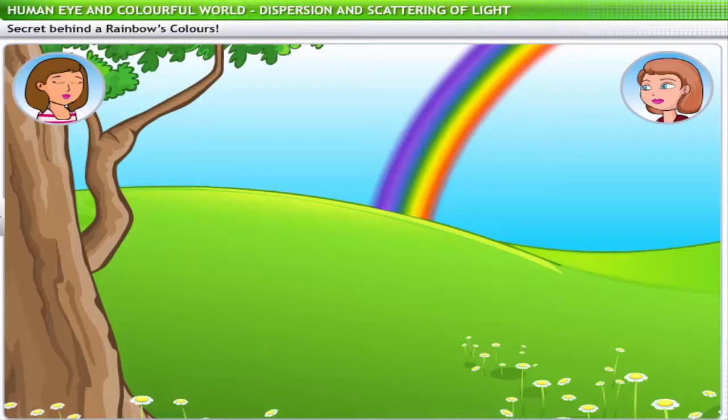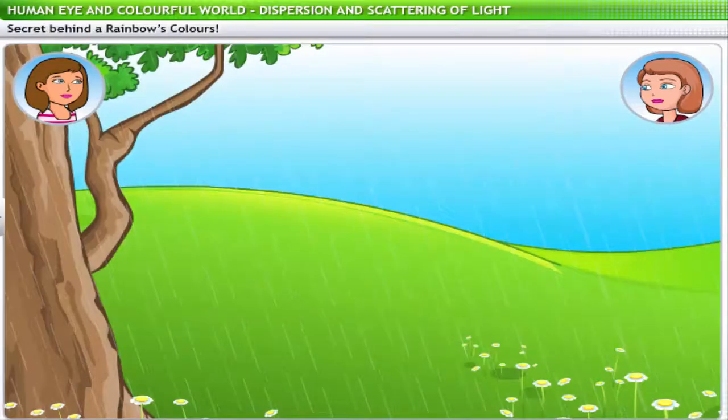But there is no prism in the atmosphere. So where does the rainbow come from? I was just coming to that. Let's now solve the mystery of the rainbow. As it happens, we do have something like prisms in nature. On a sunny day, when the rainfall has just stopped, some raindrops remain suspended in the air.